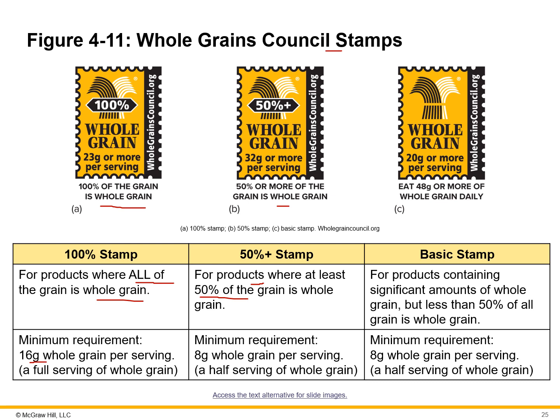Again, at minimum we want about 8 grams or so of that. And then our basic stamp is for food products that have a significant amount of whole grain, but less than half is actually whole grain. So again, the minimum requirement is about 8 grams per serving, which is half of the full serving that we get with the whole grain.